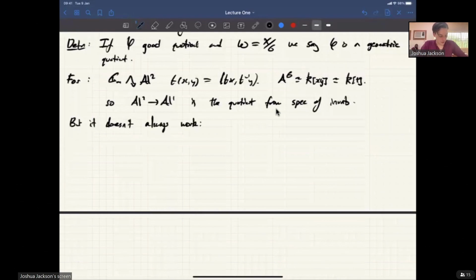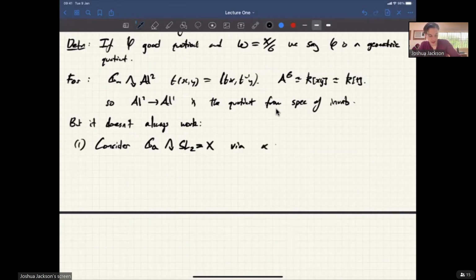Okay, so let me give you an example to show you why. Consider G_a acting on SL_2, where I'm thinking of SL_2 not so much as a group, but as an affine variety. The action is via, if I have alpha in G_a, then I send this to this matrix, and that's going to act on the element (A, B; C, D) in SL_2.